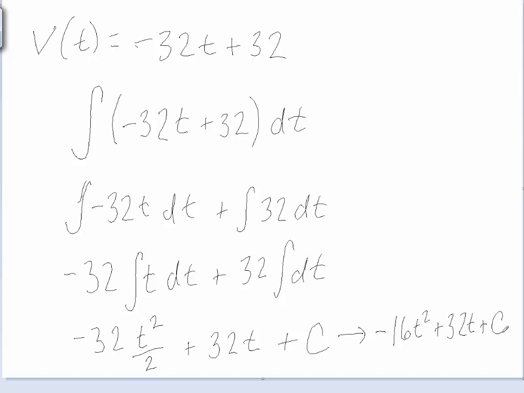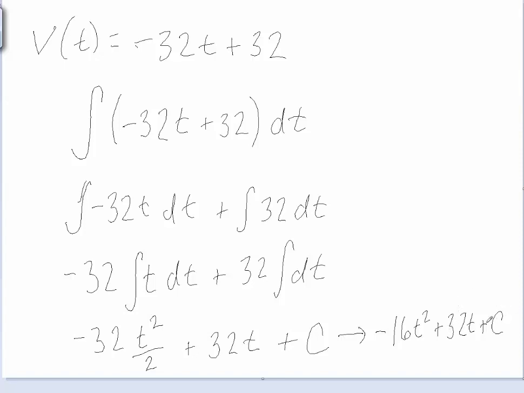Right. And if we check this, you can always check your work. If you take the derivative of this function that you found, if this is a position function, we should get, as a result, the velocity function we have. So the derivative here would be negative 32t plus 32.